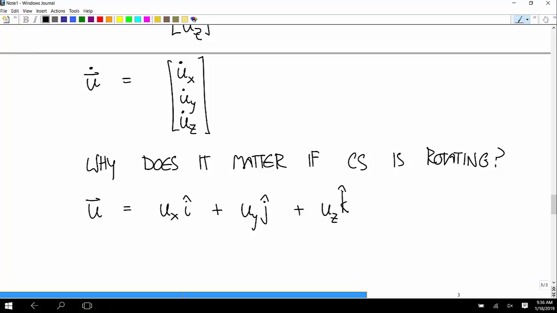I just used a different notation, but that's what it means. And so if you take a time derivative of u, you have to use the product rule here.